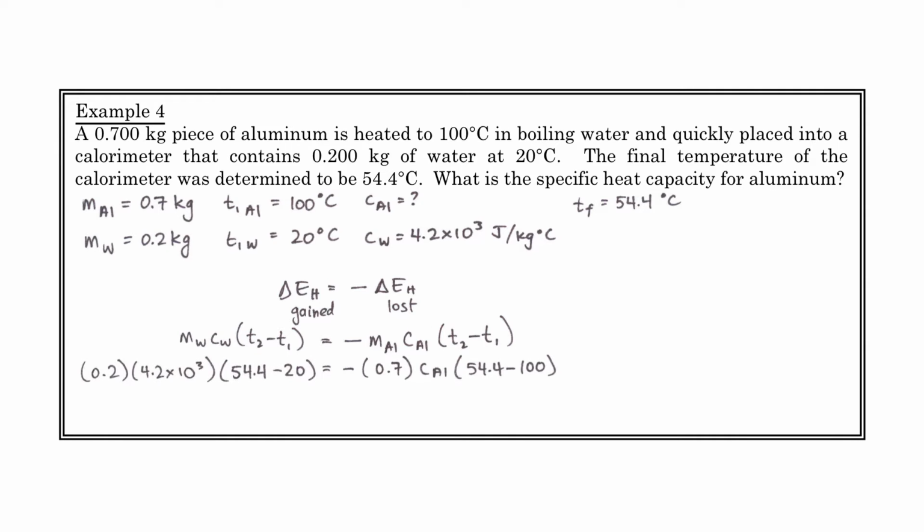We can make our substitutions and isolate the specific heat capacity of aluminum, and when we get down to it, we find the specific heat capacity is 905.3 joules per kilogram degree Celsius.